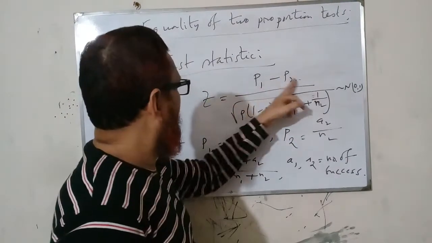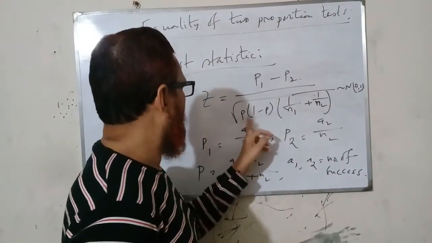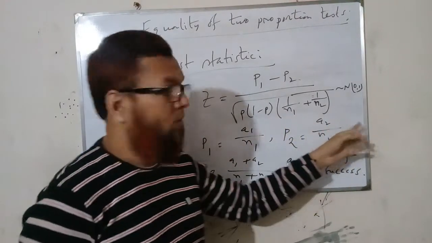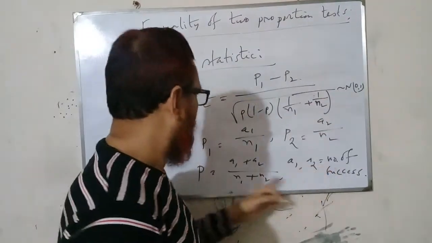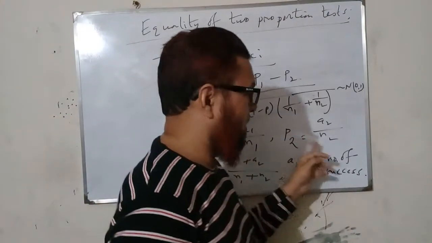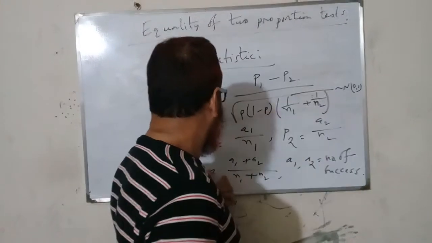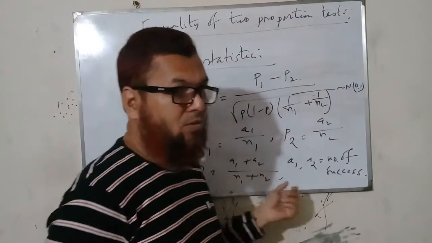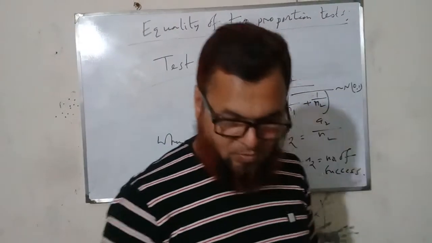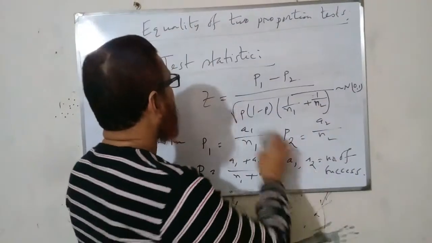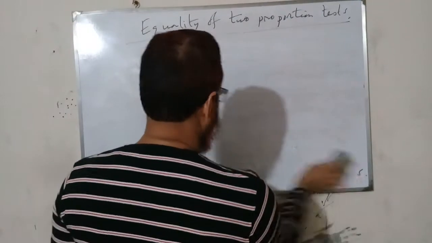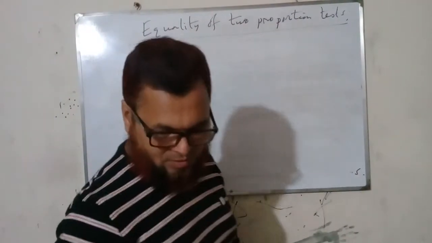Z equal to (P1 minus P2) divided by root over P into (1 minus P) into (1 by N1 plus 1 by N2), a standard normal variate, where P1 equal to A1 by N1, P2 equal to A2 by N2. This is the pooled estimator, (A1 plus A2) by (N1 plus N2). Next, comment.